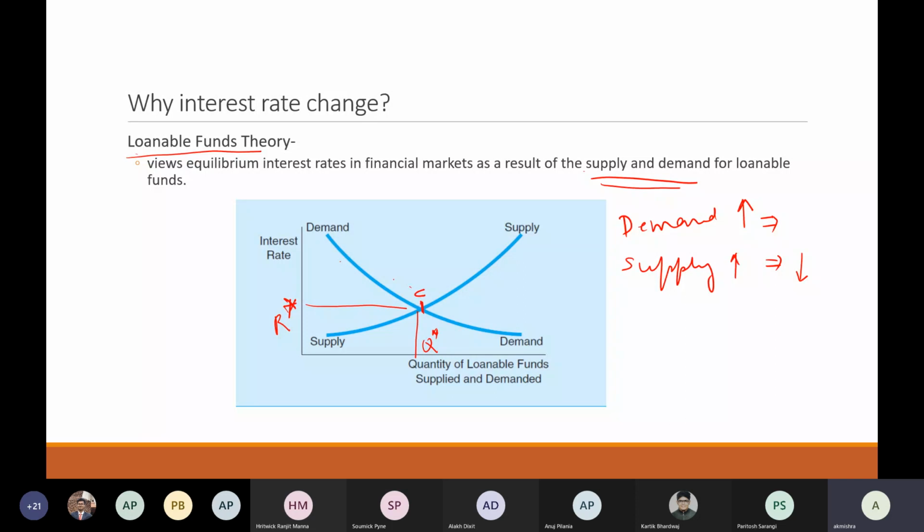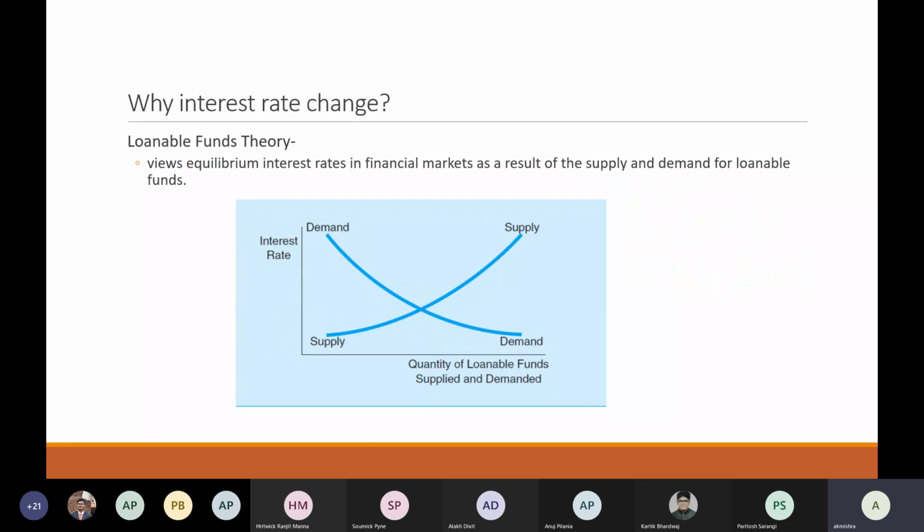So this theory is in isolation. Why? Because there are many things apart from demand and supply that impact it. But in a broader sense, this theory gives a framework to understand why interest rate should move, assuming that the supply of funds is known in the market.